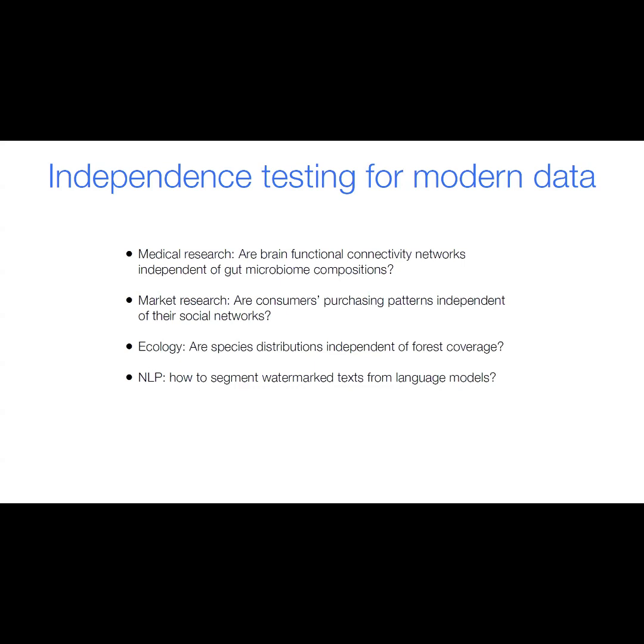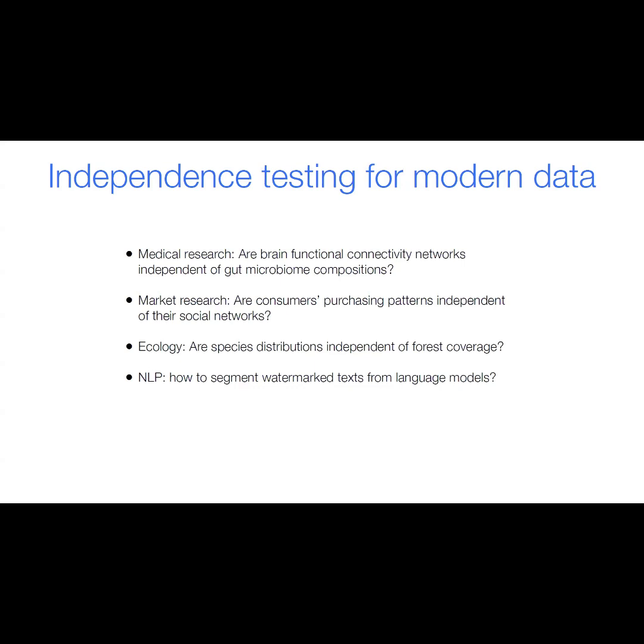In market research, you might be interested to see if customer purchasing distributions are independent of their social networks. In ecology, are species distributions independent of forest coverage? And more recently, you can use independence testing to segment watermark text from language models. So these are the various situations where independence testing is very relevant these days.